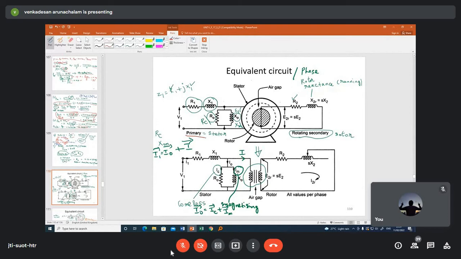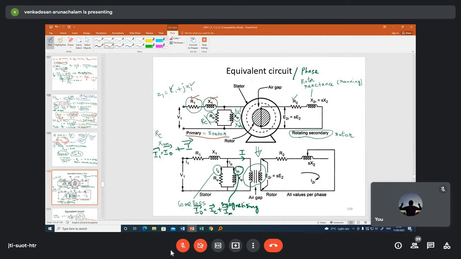The primary side is similar to the stator of the induction motor, and the stator has the stator resistance R1 and the stator leakage reactance X1, very similar to the transformer. You have the core resistance RC or R0, and the magnetizing reactance X0, very similar to the transformer.